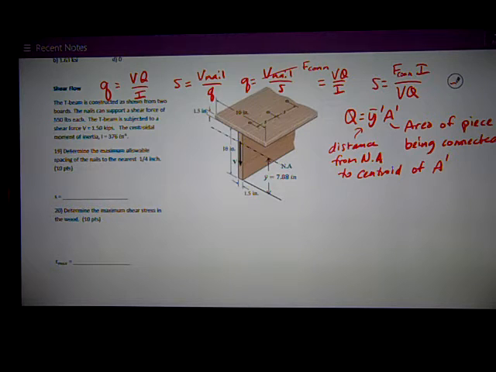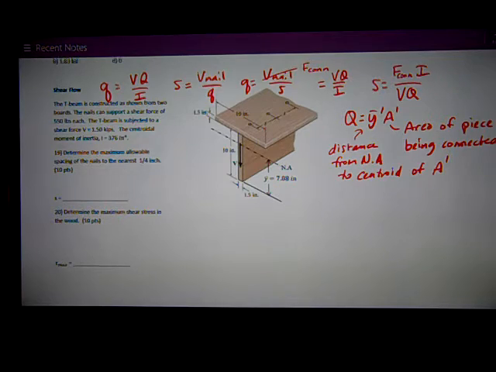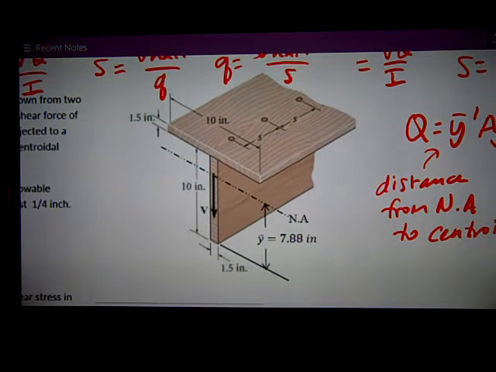Okay, so let's work on Q first, which means working on Y bar prime A prime. A prime is the area of the piece being connected, so it's the area of this top board. I'm going to hatch it in. It's the area of that board. So A prime is equal to 10 inches wide, 1.5 inches thick, deep, 15 square inches.